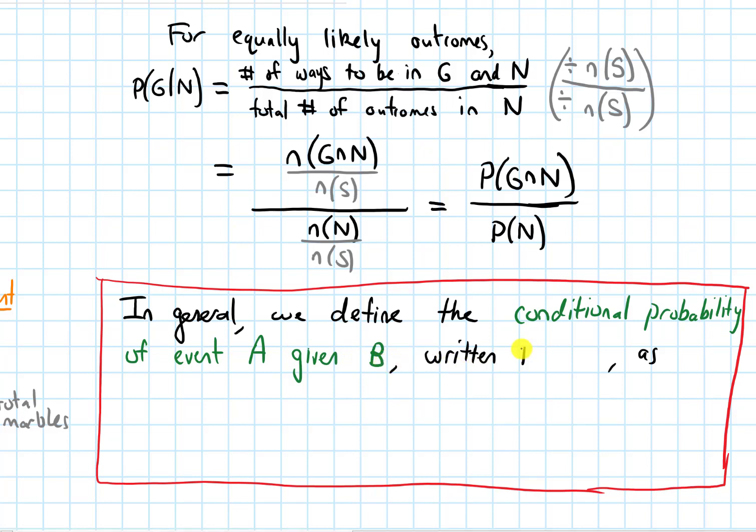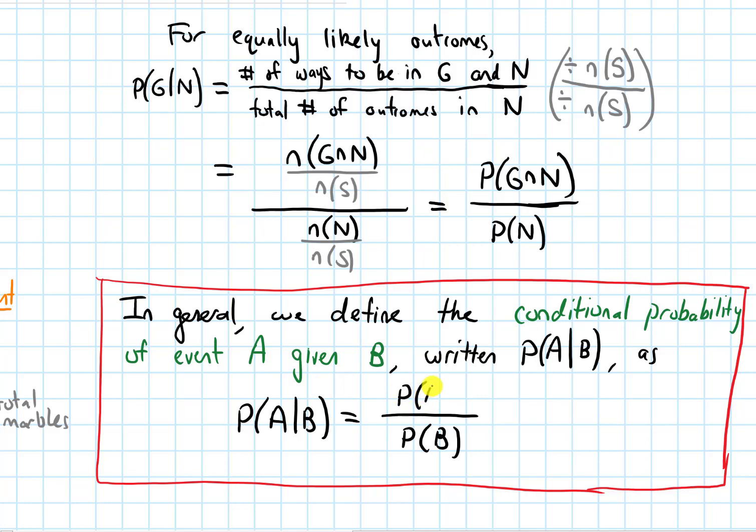We're going to write that as P of A vertical line B, for given that B. The probability of A given that B occurs is equal to, on the denominator, since we're limiting ourselves to the condition that B occurs, the probability of being in B. And on the numerator, we'll have the probability of A intersected with B, because to have a success, given that you're in B, we also need to be in A. This is the most important formula for this section, our definition of conditional probability.